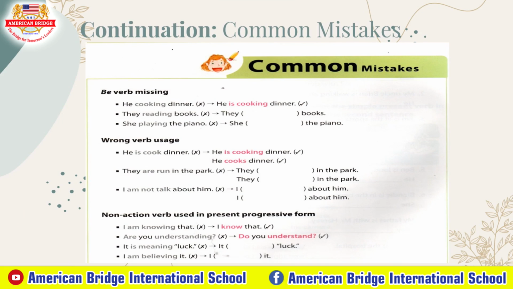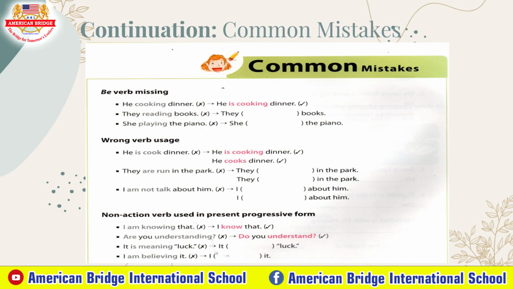First is be verb missing. Be verb missing, here's the example. He cooking dinner. So which is the missing be verb in here? So here's the example. He is cooking dinner. So that is the missing be verb.